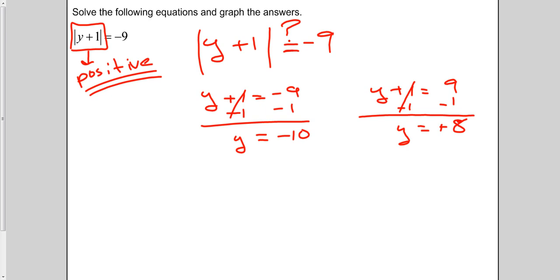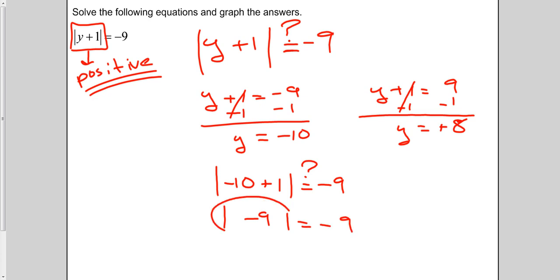If I was to check my work and plug it back in, I would get the absolute value of negative 10 plus 1. Does that equal, to check, negative 9? Well, the absolute value of negative 10 plus 1 is negative 9. But when I pull out negative 9, because that's how we evaluate, I get positive 9. And as we can hopefully see, positive 9 will never equal negative 9.